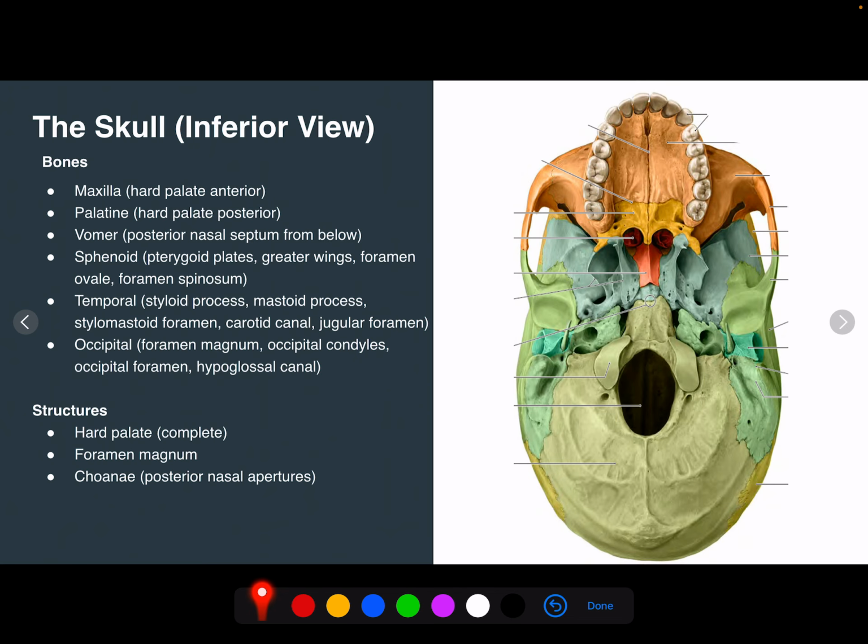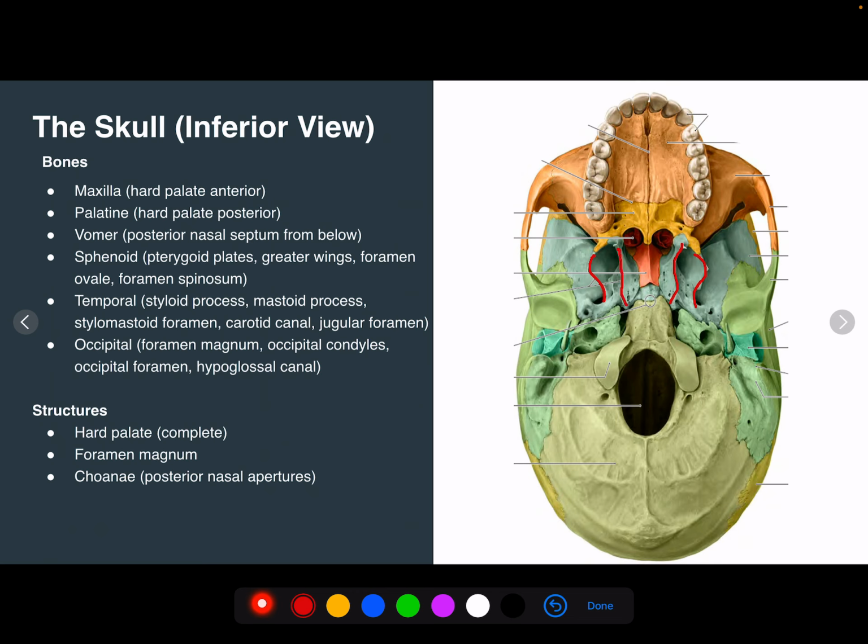We have our sphenoid bone, seen here in blue. What we can see with the sphenoid is that it has these structures called pterygoid plates. We have a medial and a lateral pterygoid plate. So this would be one of our lateral pterygoid plates, and then our medial pterygoid plates.